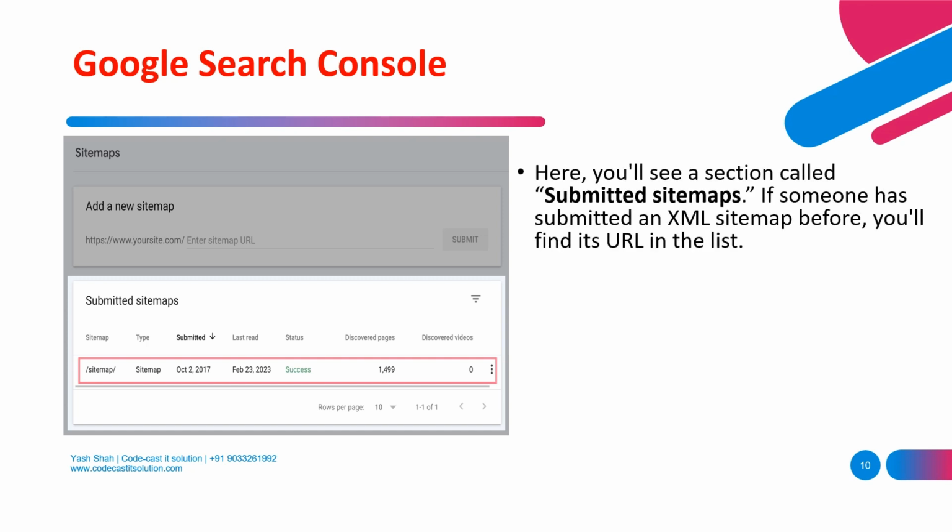Here, you'll see a section called Submitted sitemaps. If someone has submitted an XML sitemap before, you'll find its URL in the list.